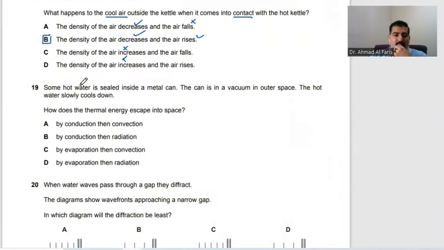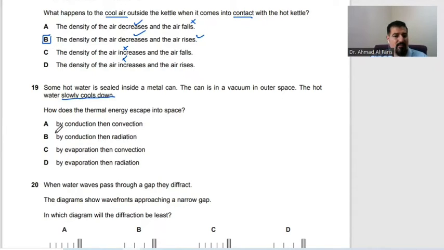Number 19. Some hot water is sealed inside a metal can. The can is in a vacuum in outer space. The hot water slowly cools down. How does the thermal energy escape into space? By conduction, then convection; by conduction, then radiation; by evaporation, then convection; by evaporation, then radiation.